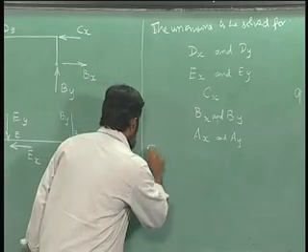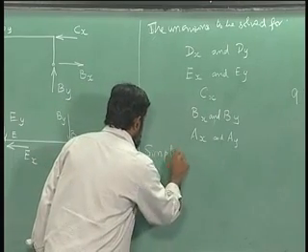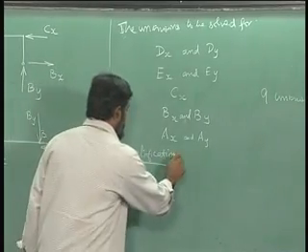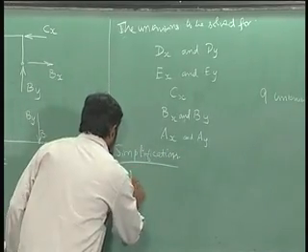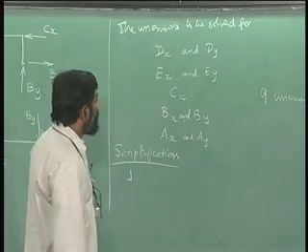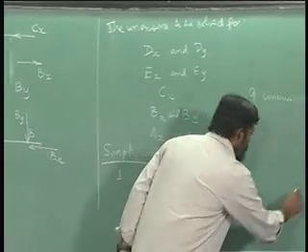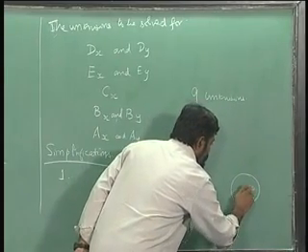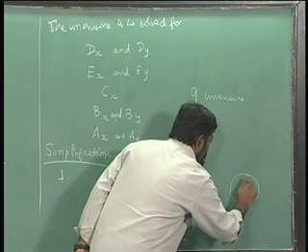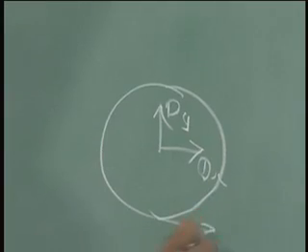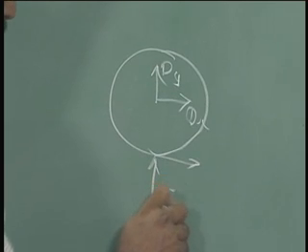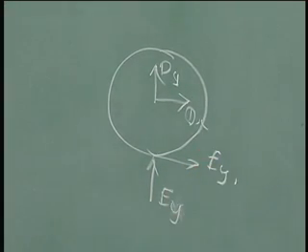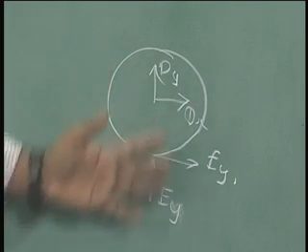So simplification 1: if you examine the wheel, let me draw it over here, you have dx, dy, Ex, Ey, these are the only forces that are acting.